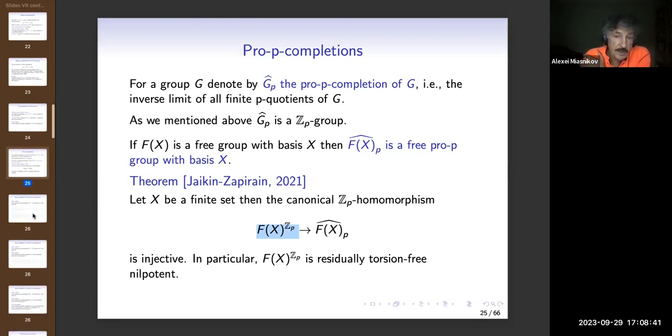Okay, so it's residually torsion-free nilpotent. And again, tensor completion by Z_p appears naturally. It's not just a strange universal algebra invention. No, it sits inside the free pro-p group.